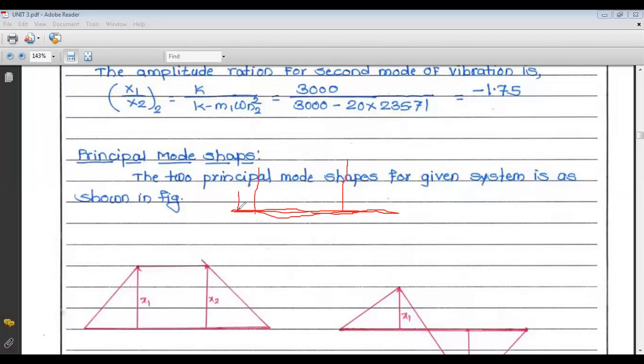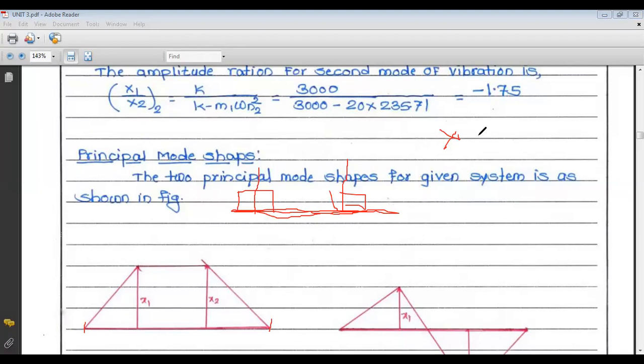Now for the first mode, x1 upon x2 is equal to 1, so x1 is equal to x2.